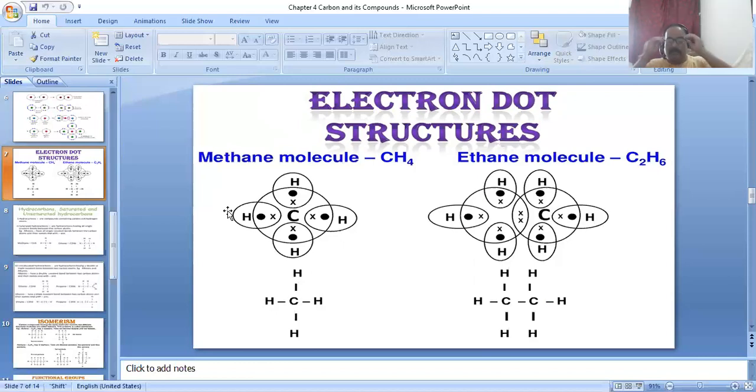The first orbit is a single orbit, and the maximum number of electrons in it is 2. So 1 hydrogen electron plus 1 received means the total number of electrons is 2.